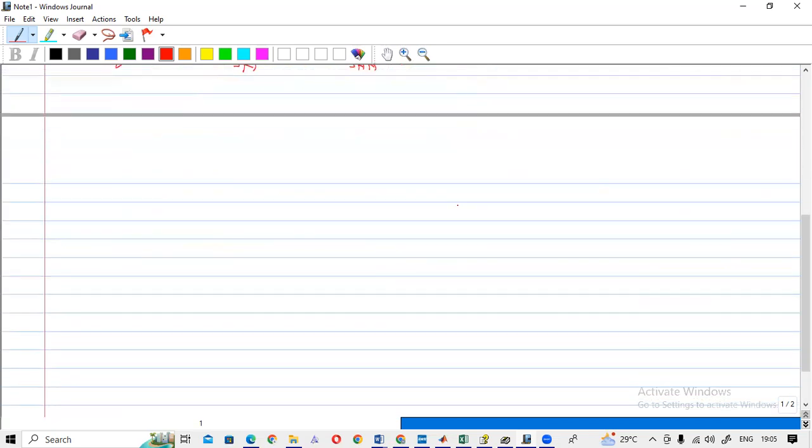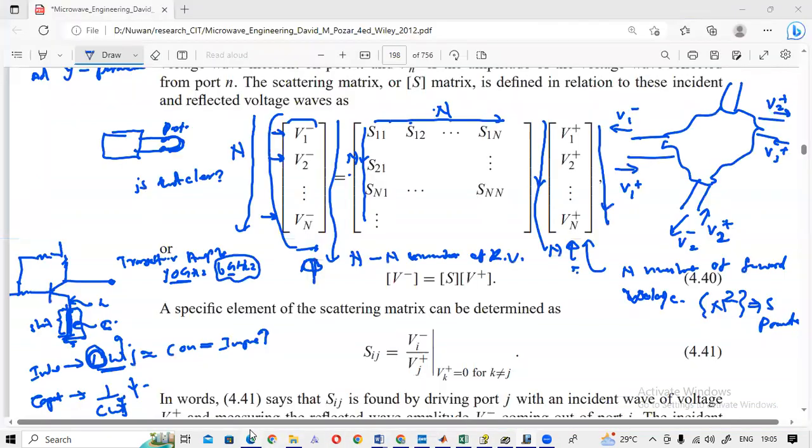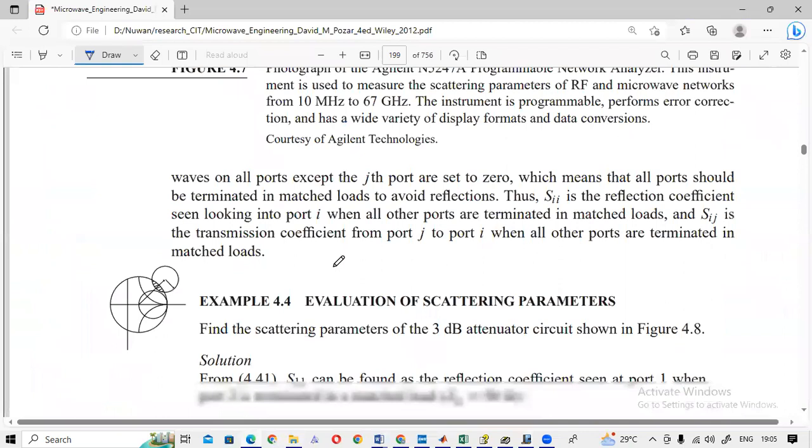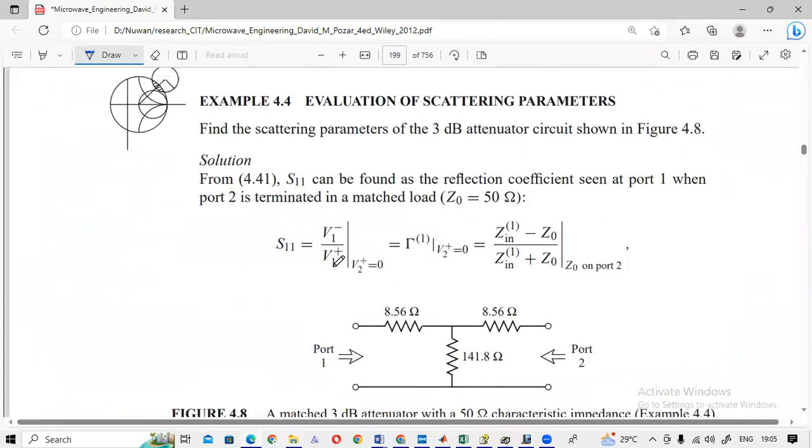Now we will take an example. Let's take an example from the book. I think it will be easy. So we will take this kind of example.